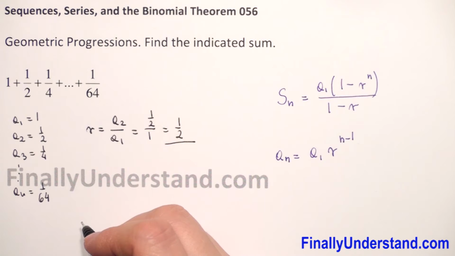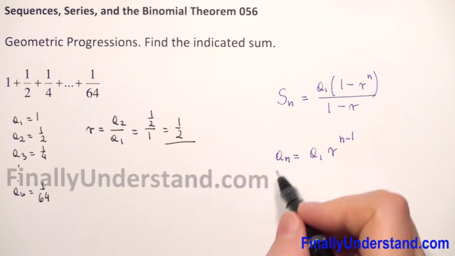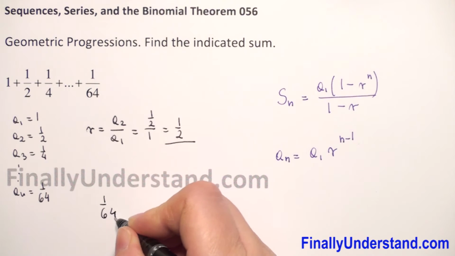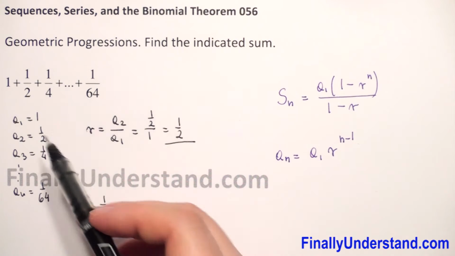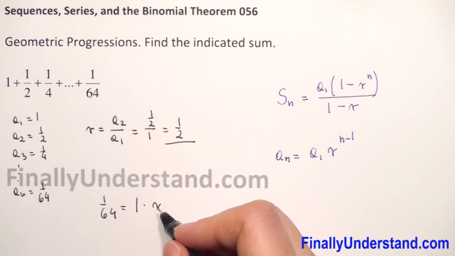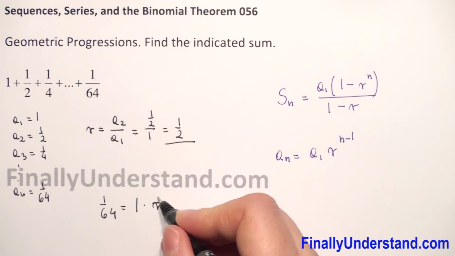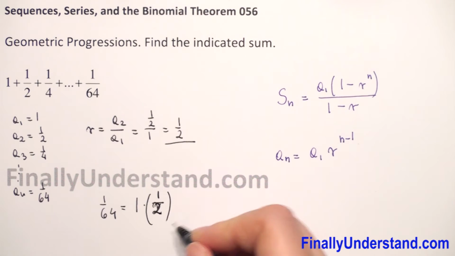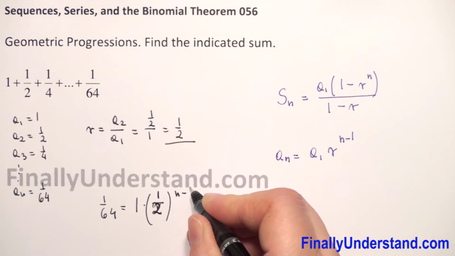So we substitute an by 1/64, which is equal to a1, which is 1, times r, which is 1/2 of course, to the power n minus 1.